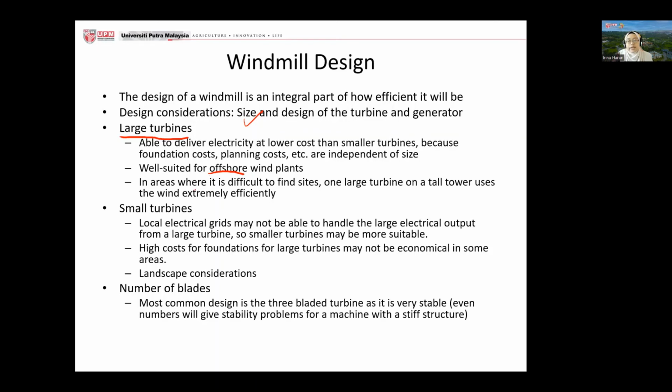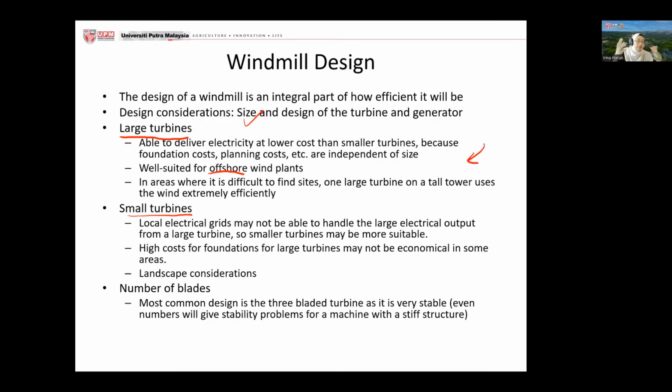So in areas where it is difficult to find sites, one large turbine on a tall tower uses the wind extremely efficiently. Whereas for small turbines, it is considered as well because sometimes that area may not be able to handle the large electrical output from a large turbine. Remember just now, it's very, very effective.